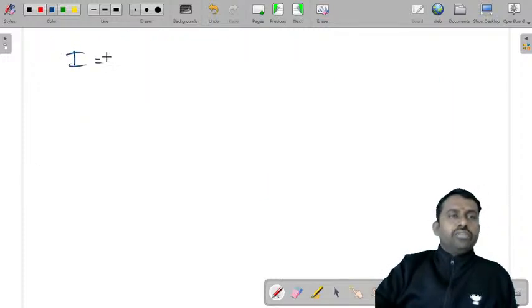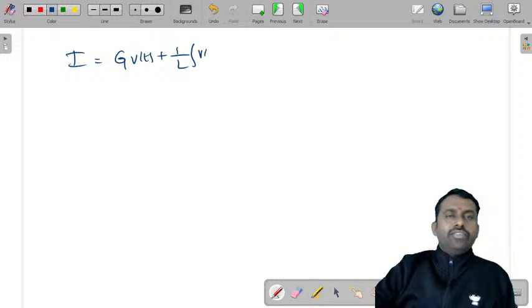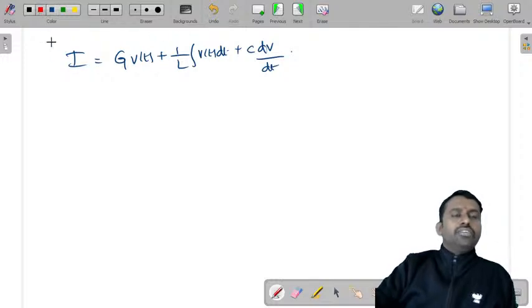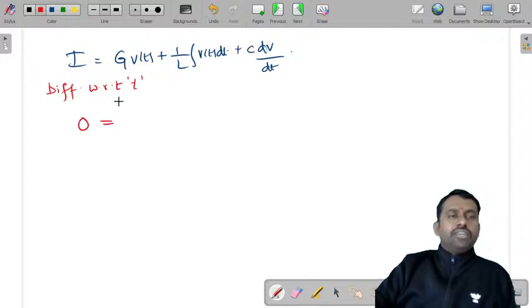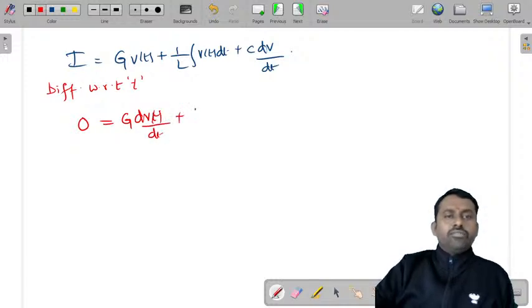Current I is equal to G into V of t plus 1 by L integral V of t dt plus C dV by dt. Now because this is an integral differential equation, differentiate with respect to t. So you'll get 0 for the differentiation of the constant I, G into dV of t by dt plus 1 by L V of t, since differentiation and integration cancel, plus C d square V of t by dt square.